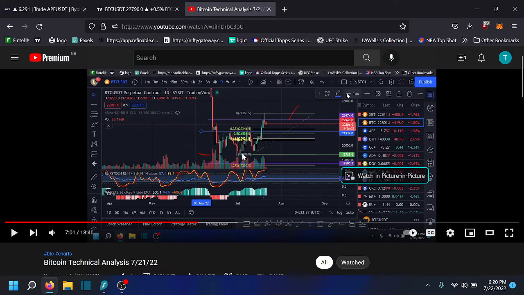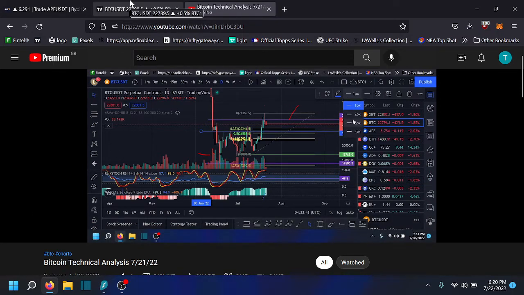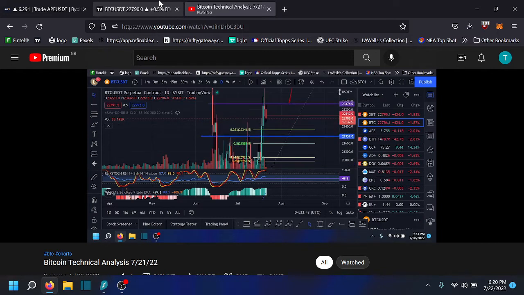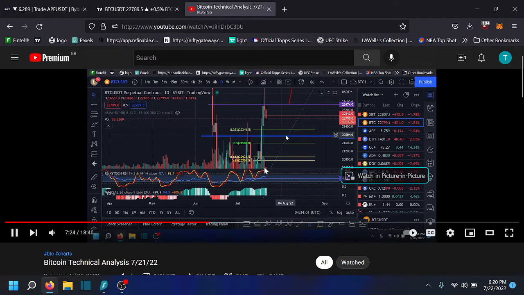So we're going to go over this technical analysis that I made a few days ago and just play this part here so you guys can see what I was talking about. Right, so this line here, I have a feeling that if we stay above this area, above 21,800, and we don't break this area, we might even wick down to 21,500. But if we stay above this area, to me, it shows bullish signs.